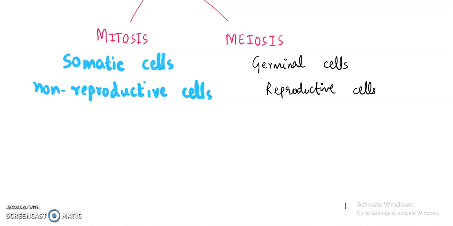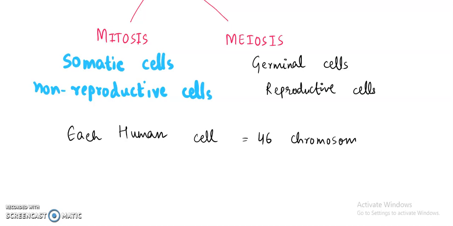So one thing is clear, we know the place where mitosis occurs and the place where meiosis occurs. Now, to begin with, you should know that each human cell has 46 chromosomes, right? So how many chromosomes does each human cell have? 46 chromosomes. These 46 chromosomes can also be known as 23 pairs.